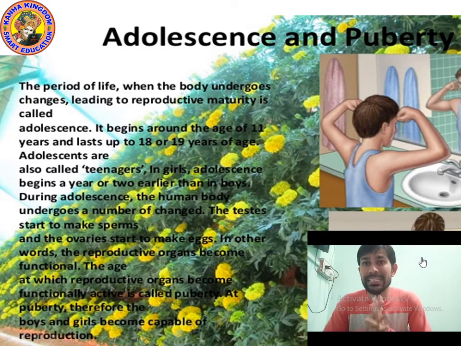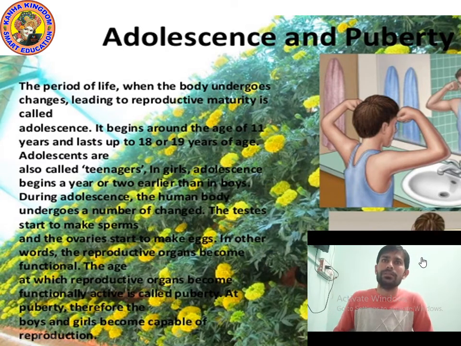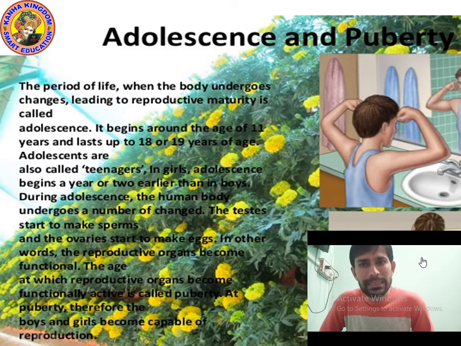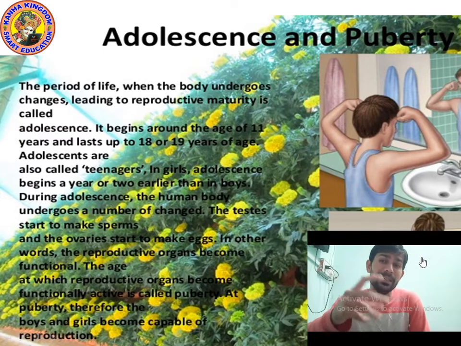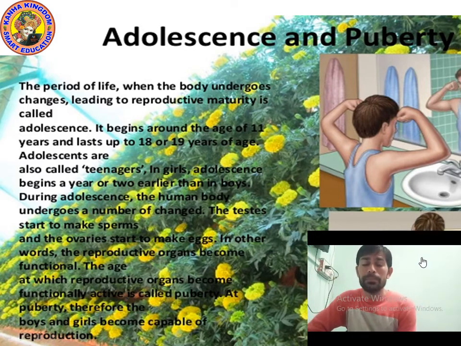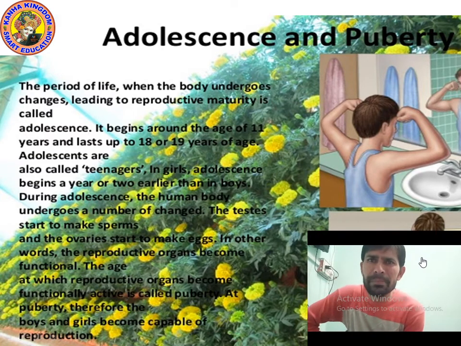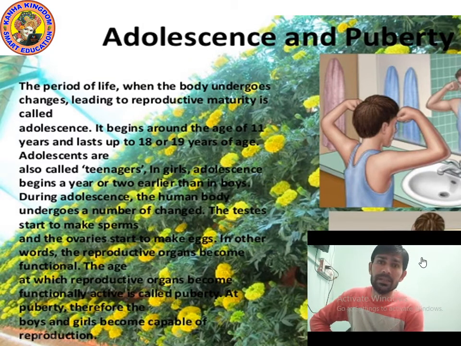This age is called adolescence, and boys and girls of this age are called adolescents. Puberty means when the male and female reproductive organs start functioning, producing sperm and eggs. Therefore the boys and girls become capable of reproduction.